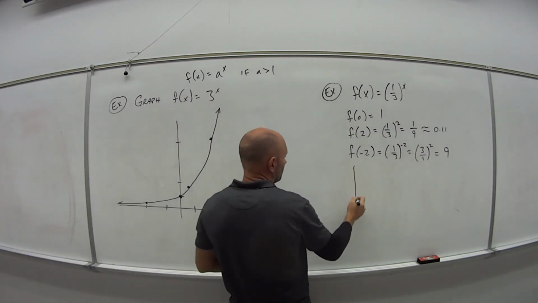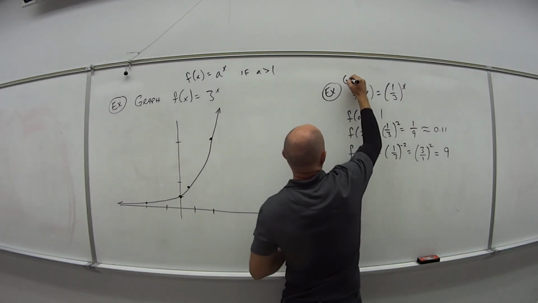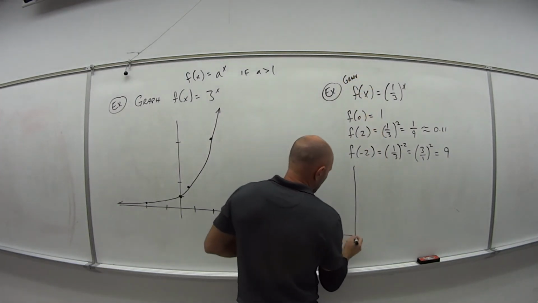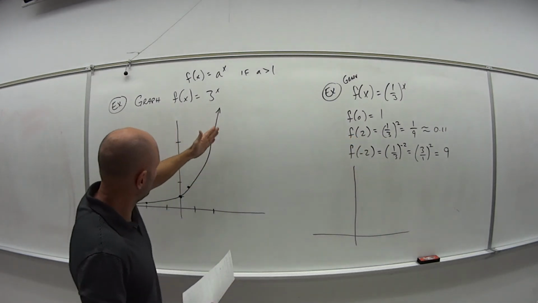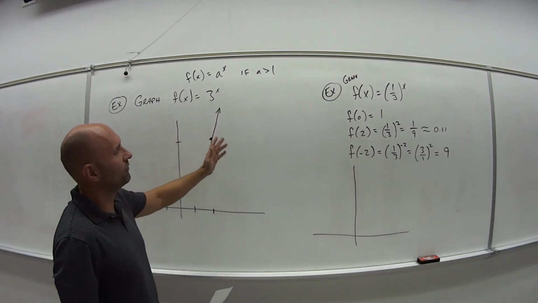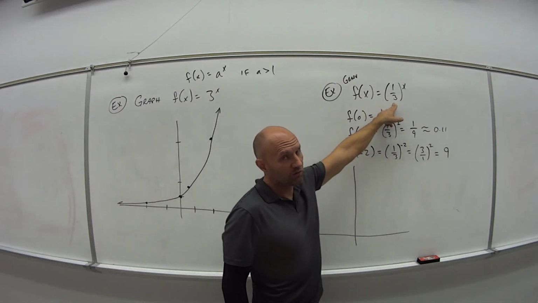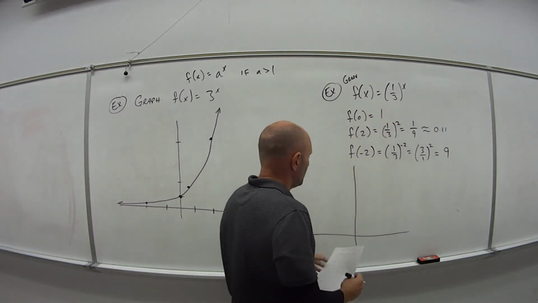So the graph of this one, also this should say graph, is going to look similar to this graph. The only difference is because my value of a is a fraction, still positive, but a fraction, it flips it around.